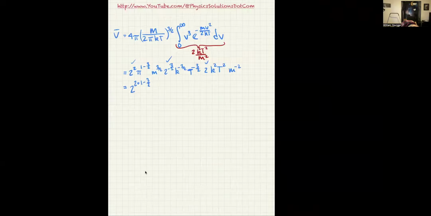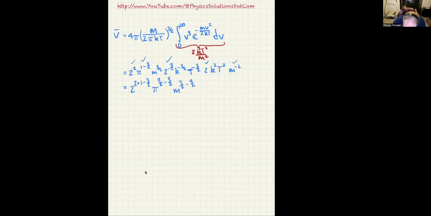Now I also have pi. I'm going to say this is to the 2 halves minus 3 halves. That takes care of this guy. And then I've got an m that's going to be to the 3 halves power, and then minus 2, and 2 is 4 halves, so I'm going to do it that way.